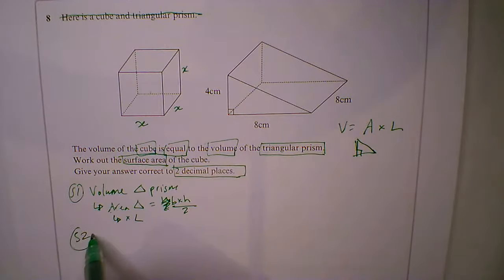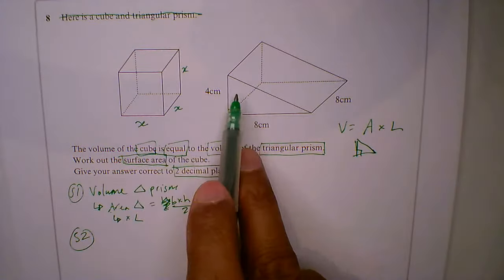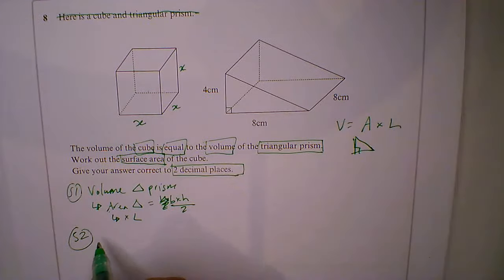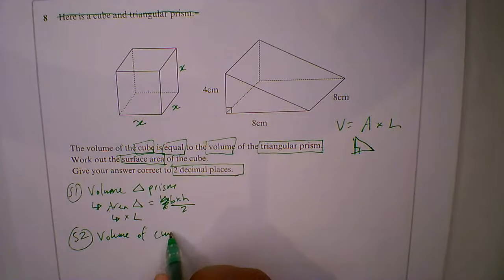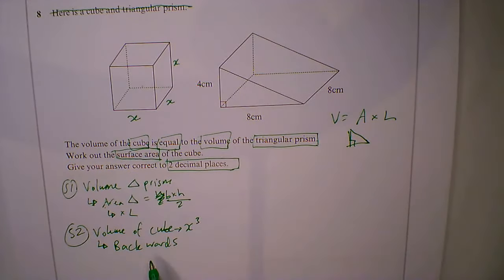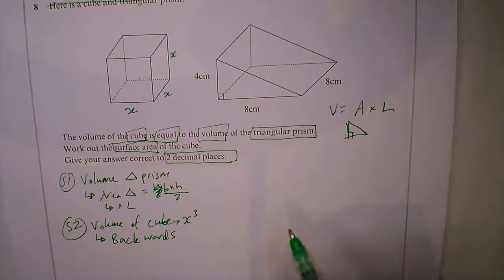Step 2, after I do that, I have to, using that, find the volume of the cube. So I'm having to go backwards. Volume of cube, which is x times x times x, x cubed, and I have to go backwards. Once I have that, I can then find the length.